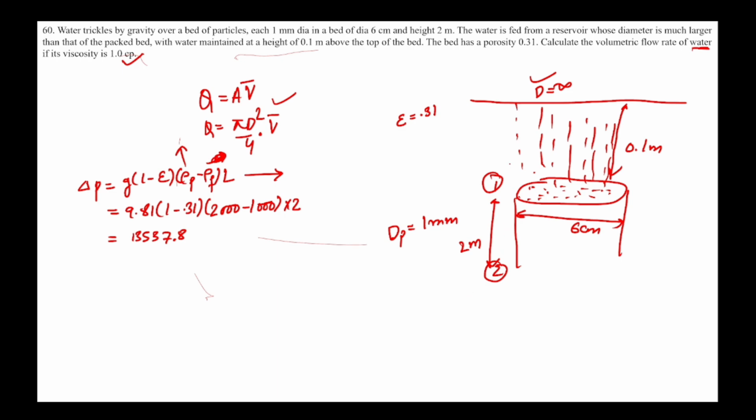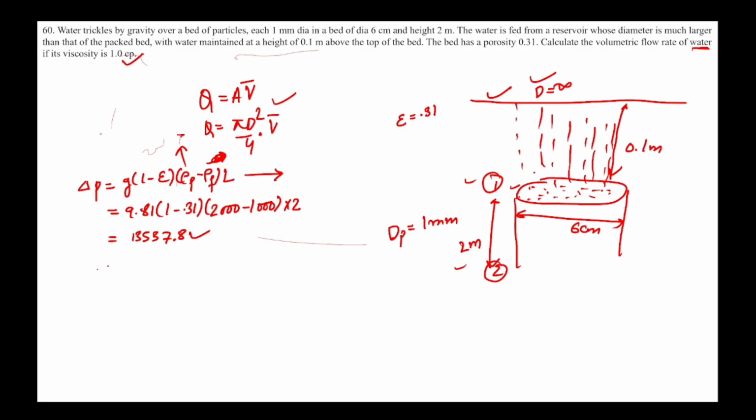But what the pressure at this point could be is not specified. Even if we find del P, it is difficult to find the volumetric flow rate. So now, applying the Bernoulli equation at point 1 and 2.